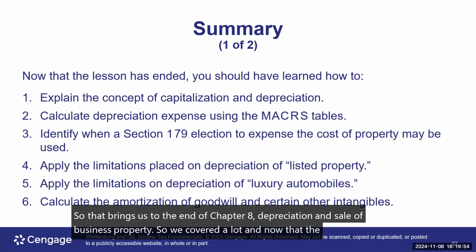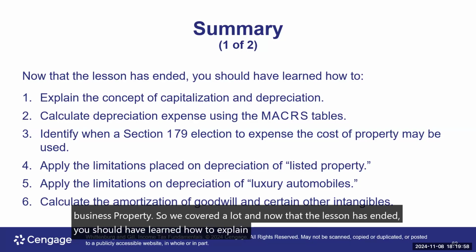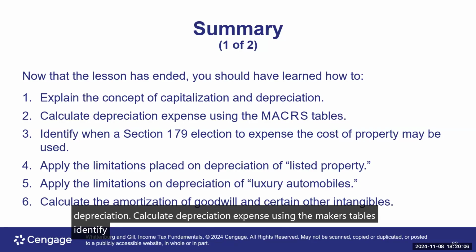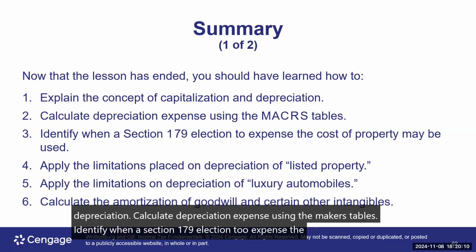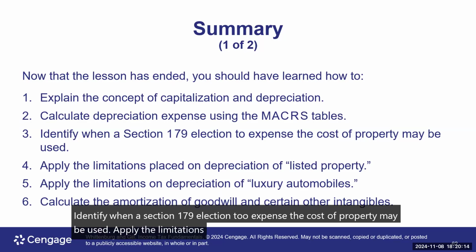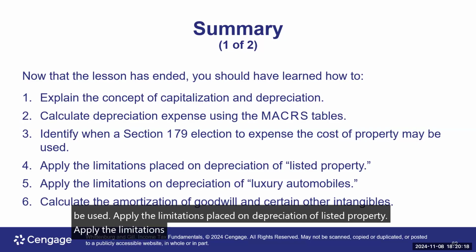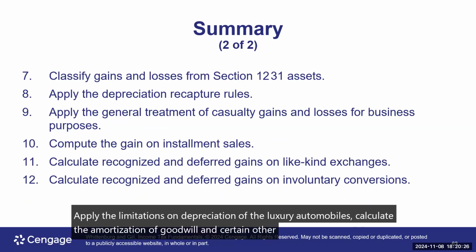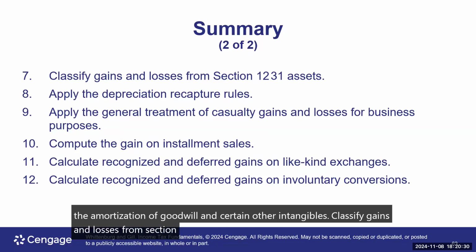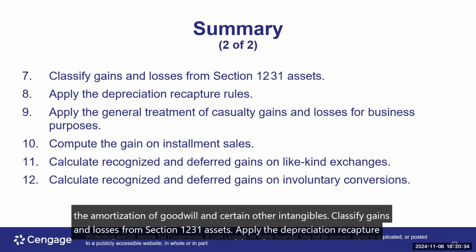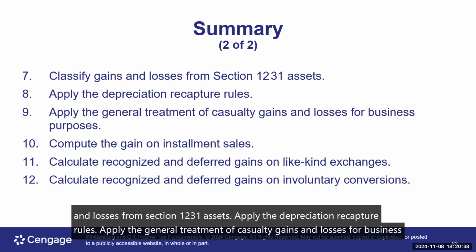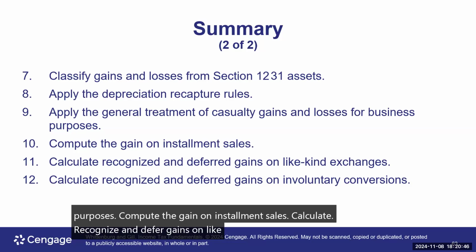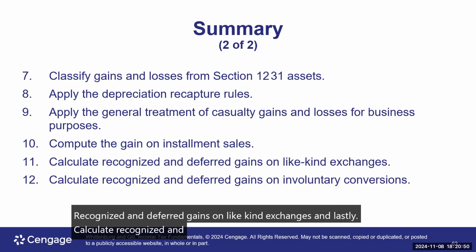Now that the lesson has ended, you should have learned how to explain the concept of capitalization and depreciation, calculate depreciation expense using the MACRS tables, identify when a Section 179 election to expense the cost of property may be used, apply the limitations placed on depreciation of listed property, apply the limitations on depreciation of luxury automobiles, calculate the amortization of goodwill and certain other intangibles, classify gains and losses from Section 1231 assets, apply the depreciation recapture rules, apply the general treatment of casualty gains and losses for business purposes, compute the gain on installment sales, calculate, recognize, and defer gains on like-kind exchanges, and lastly, calculate, recognize, and defer gains on involuntary conversions.